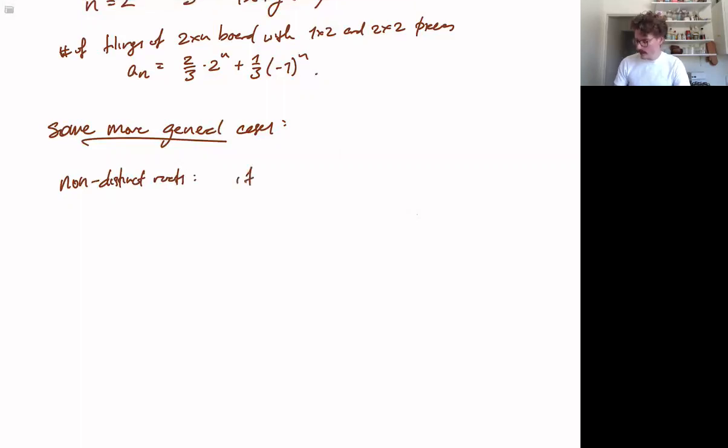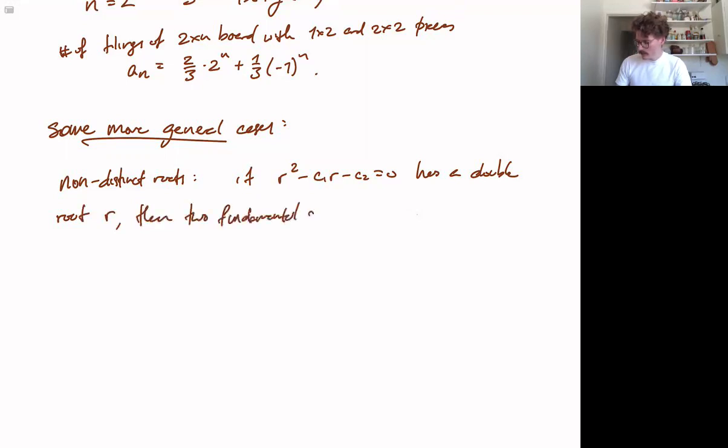And what happens is, if our characteristic equation r squared minus c1 r minus c2 equals 0 has a double root, let's call it r, then our two fundamental solutions... When we had distinct roots, we had these two fundamental solutions, r1 to the n and r2 to the n.